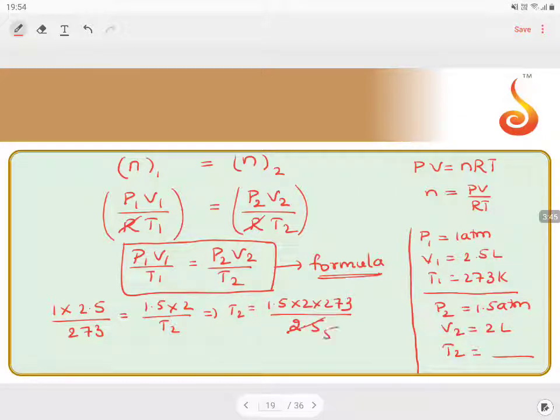Now if you work this out, we are getting T2 as 327.6 Kelvin. So 327.6 Kelvin is the temperature that will be produced with the change in the experimental conditions in which the gas is being taken.